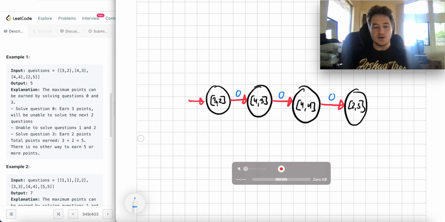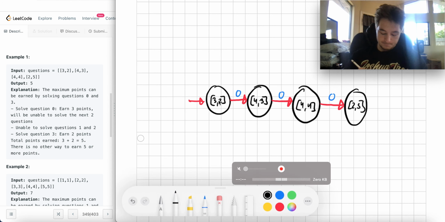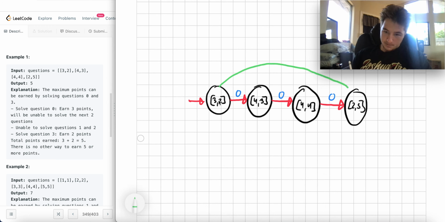If I'm at this node and I decide to not execute on this node, I can just go to the next node and earn what? I can earn 0 points to go to this next node, versus if I take the points that I get, which is this 3 value, I get 3 points, but I have to skip the next 2 questions.